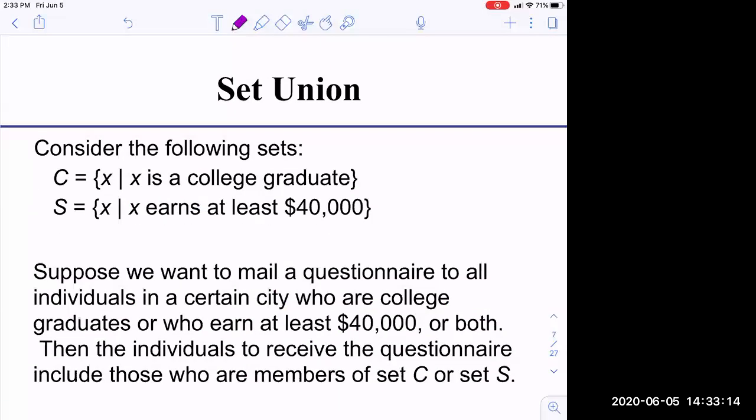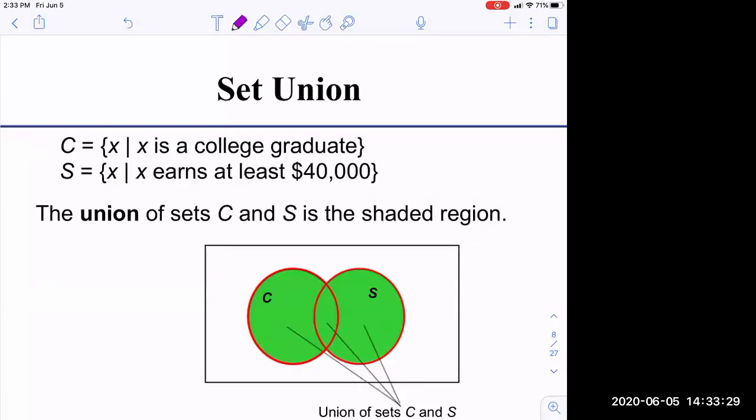Okay, union. Want to mail a questionnaire to the individuals who are college graduates or who earn at least $40,000, or both. Now this could be anyone in either set or even in the intersection.